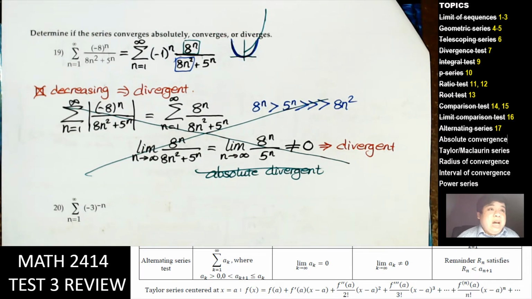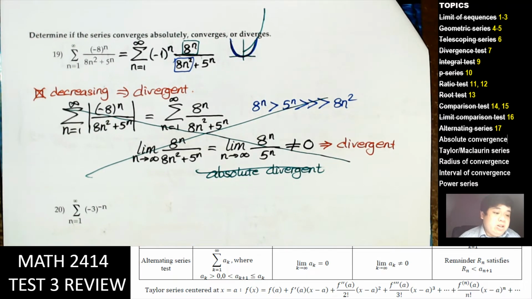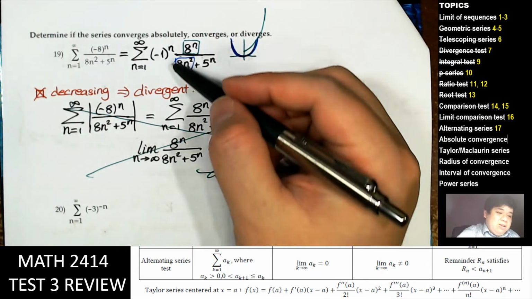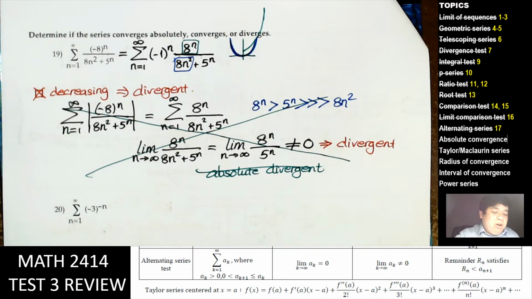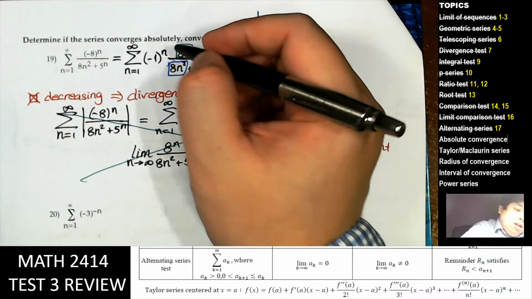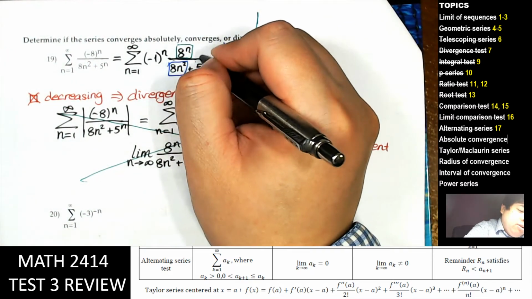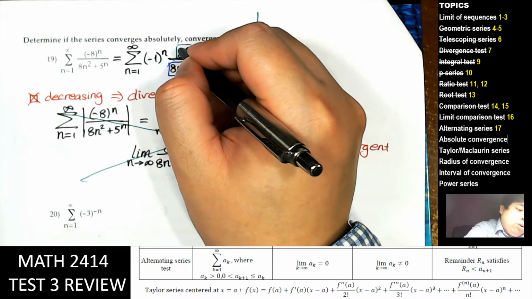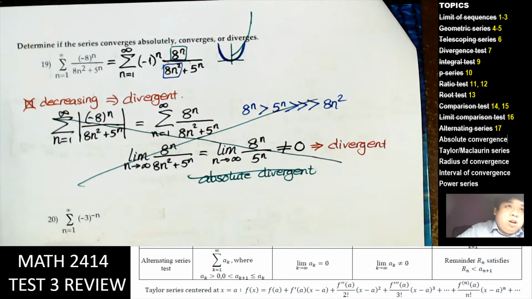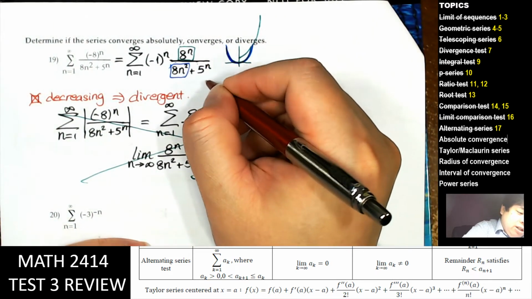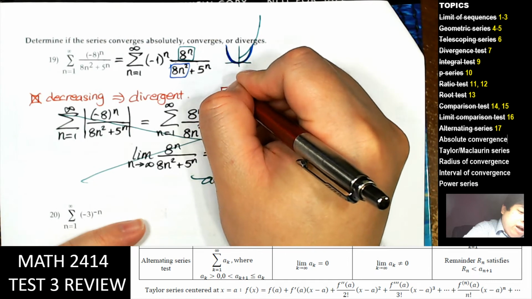So we just stick with the alternating series, which is divergent, because that is not decreasing. And besides, if we take the limit of this term, it does not go to 0. So both criteria, remember, for alternating series we have two criteria.